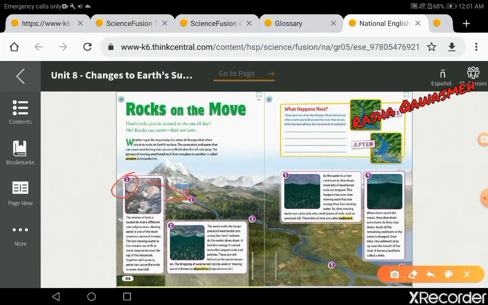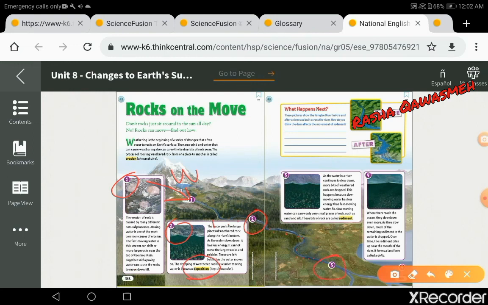Read them carefully because we start with weathering first. First, we have weathering. Then 2, the weathered part or sediments will be carried away. So number 2 will be erosion and deposition.